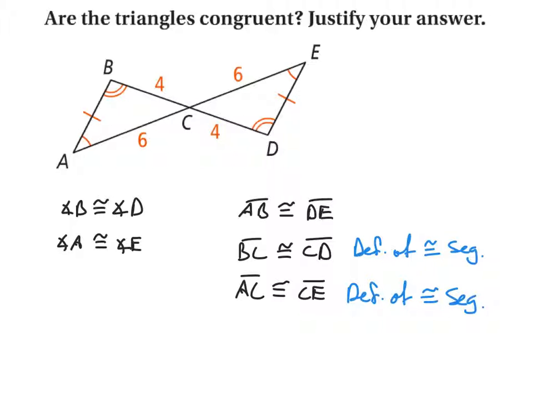Cool. So we have three pairs of sides, so we have all the sides we need, but we only have two pairs of angles. So where can we find that third pair of angles?